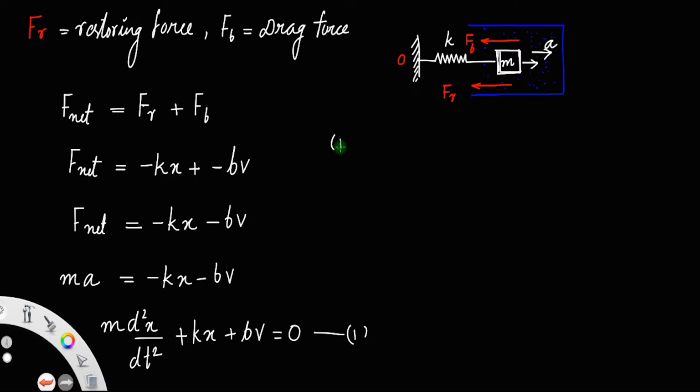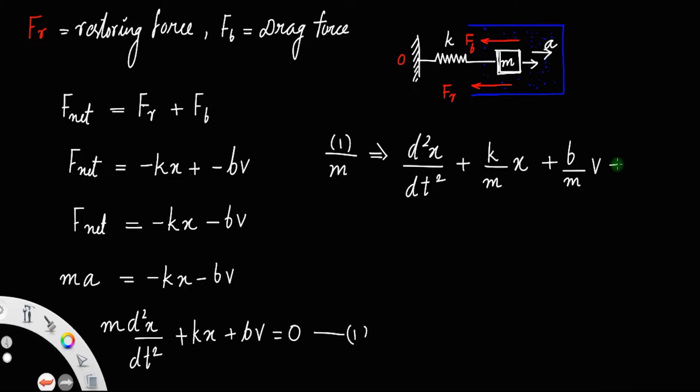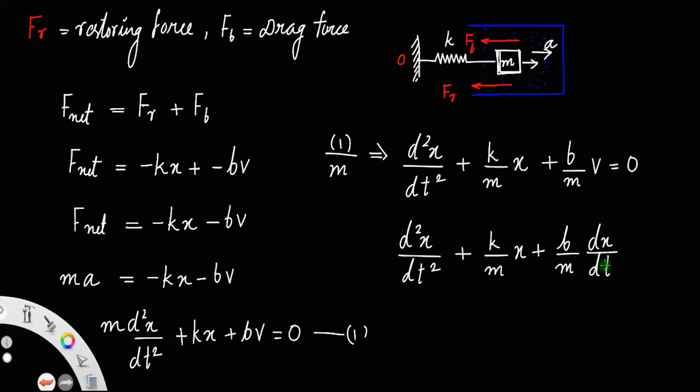If you divide equation 1 by mass m, you will get d square x by dt square plus k by m x plus b by m v equal to 0. You know v is equal to dx by dt, the rate of change of displacement.